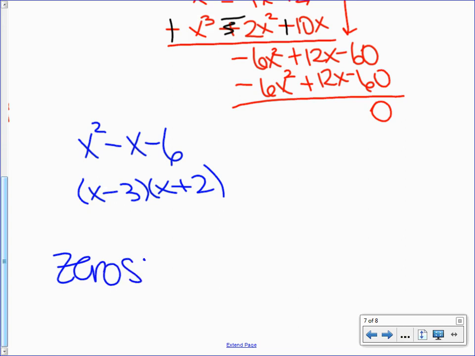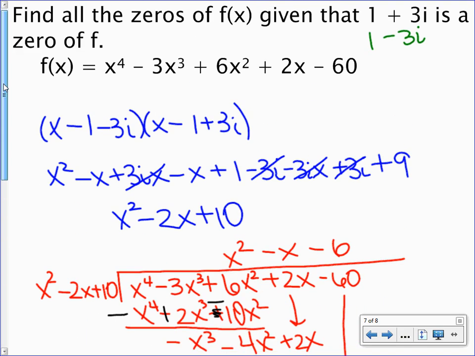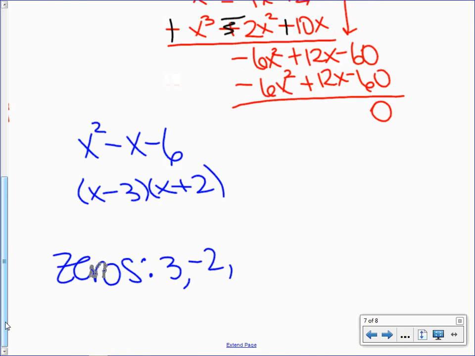So our zeros: 3, negative 2, 1 plus 3i, and 1 minus 3i. If you want to write them in conjugate pairs together, you can. If you want to write them separately, you can. I don't care. I'll take it either way, but those are our zeros. If we know one imaginary zero, we know the other one. They have to come in pairs.